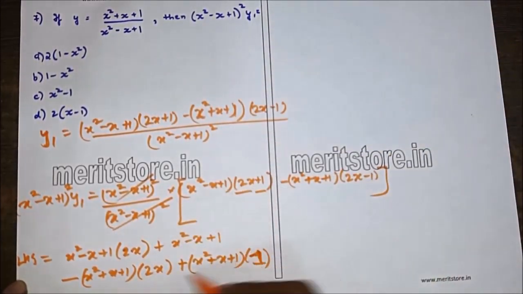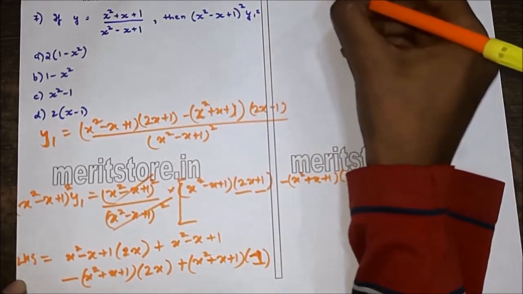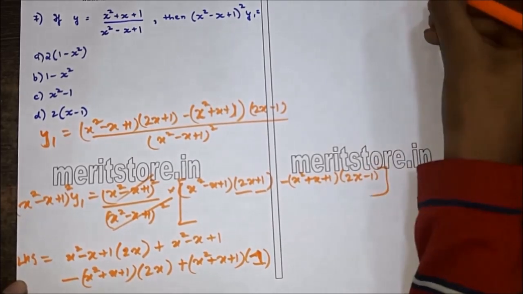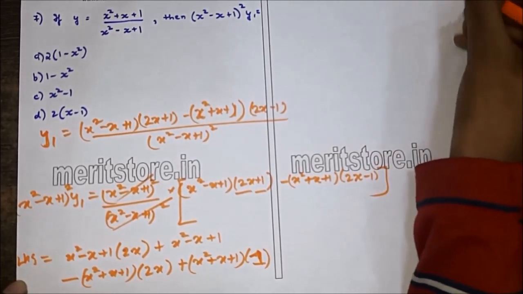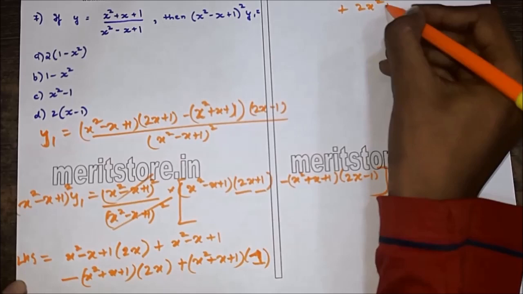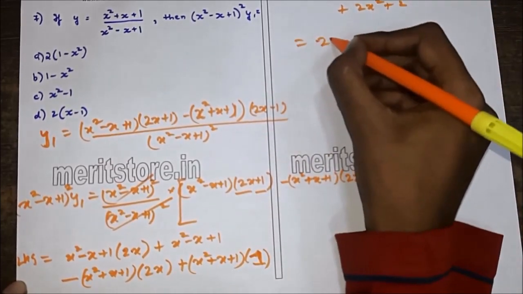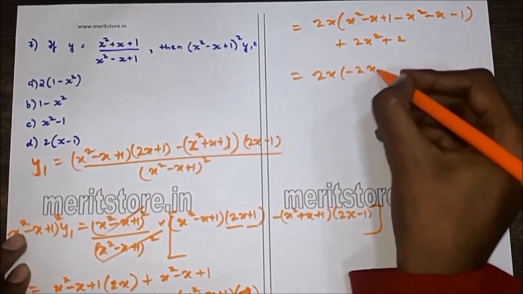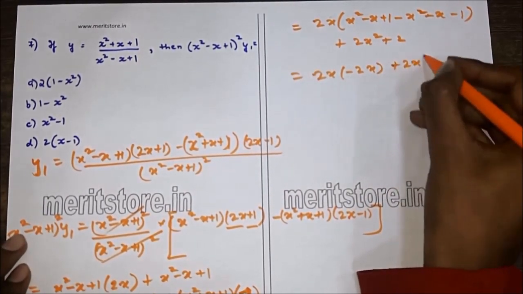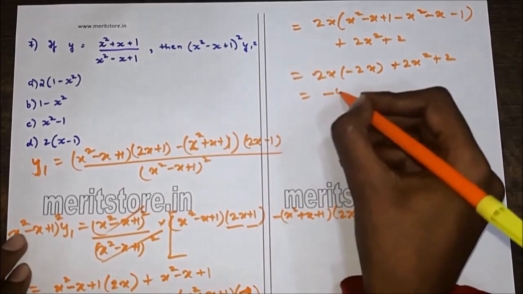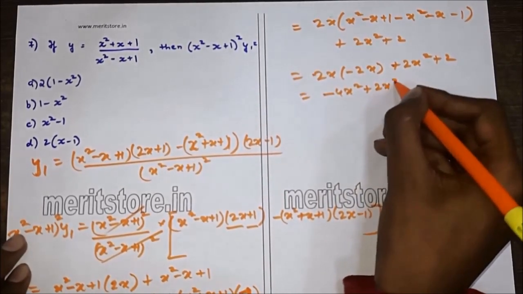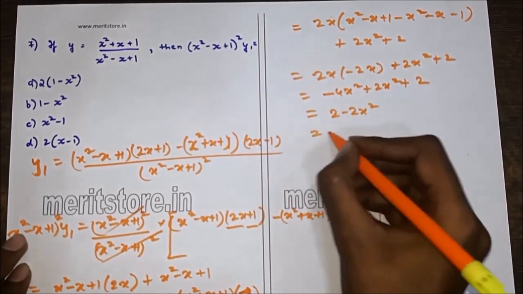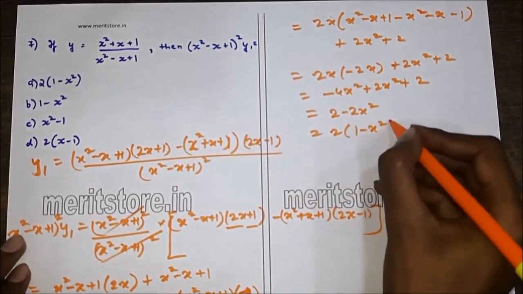So finally simplifying these terms, we get 2x into x square minus x plus 1 minus x square minus x minus 1 plus 2x square plus 2, that is 2x into minus 2x plus 2x square plus 2, that is equal to minus 4x square plus 2x square plus 2, which is 2 minus 2x square, which is equal to 2 into 1 minus x square, which is option A.